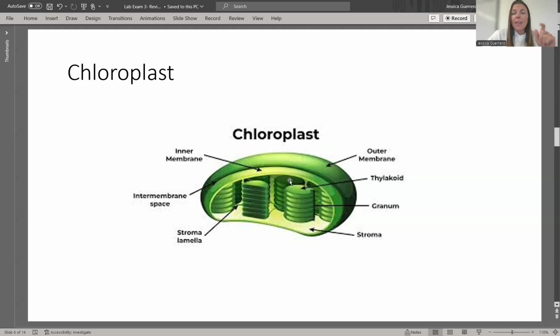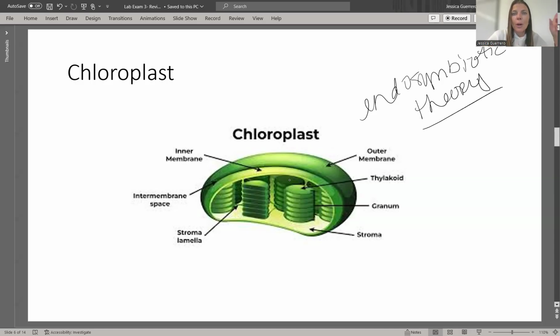The way those characteristics help us understand the endosymbiotic theory, okay? And I referenced that that's the same theory for the mitochondria. Now, for labeling this chloroplast individually, you know both the inner and the outer membrane, okay?